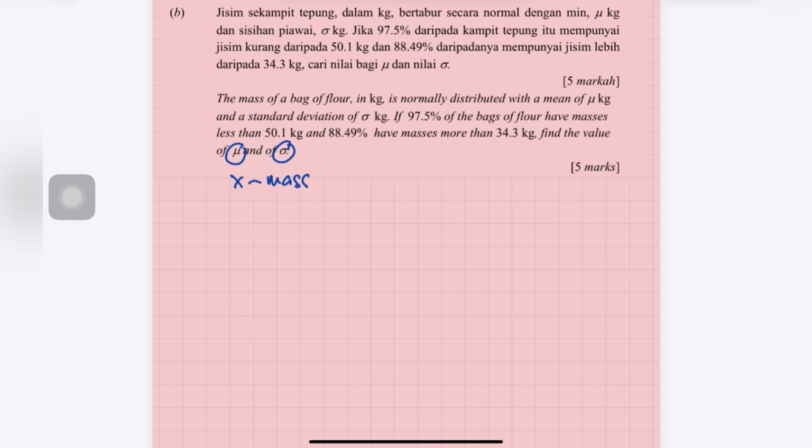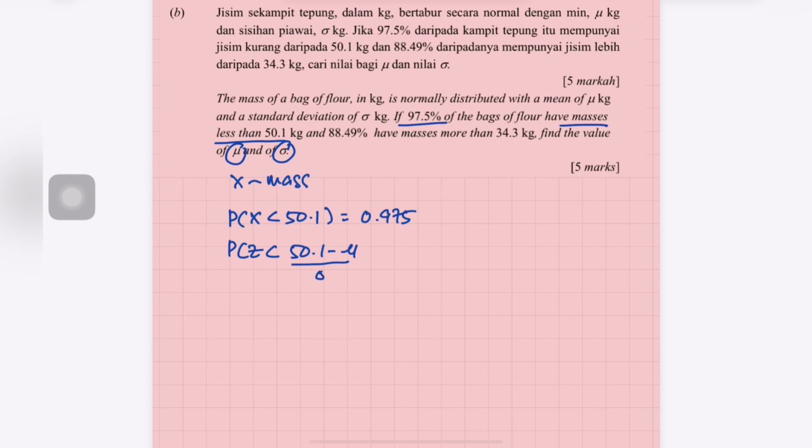For the first piece of information, mass less than 50.1: P(X less than 50.1) equals 97.5 over 100, which is 0.975. We standardise: 50.1 minus mu over standard deviation, equals 0.975.